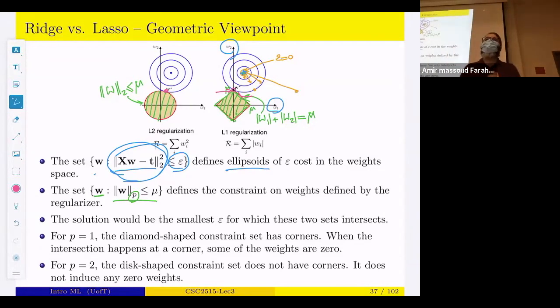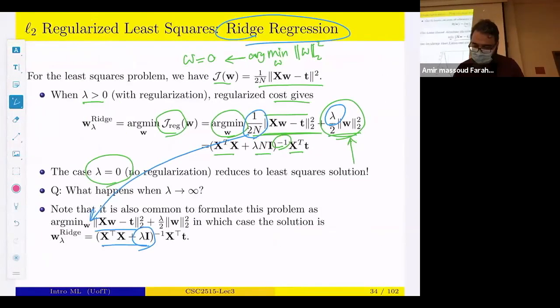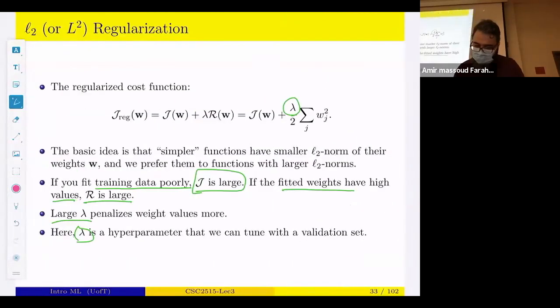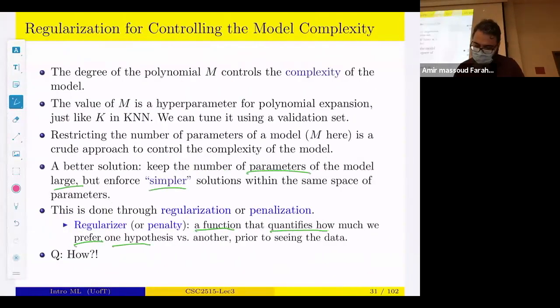So maybe focusing on this: the regularizer is a function that quantifies how much we prefer one hypothesis versus another prior to seeing data. The regularizer will be successful when our prior belief about what type of functions or models are better is actually correct. This hints at which one might be better.